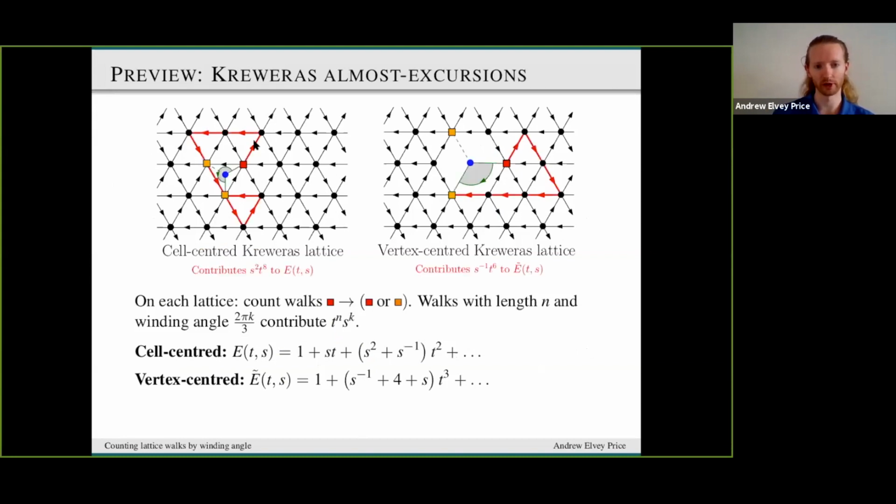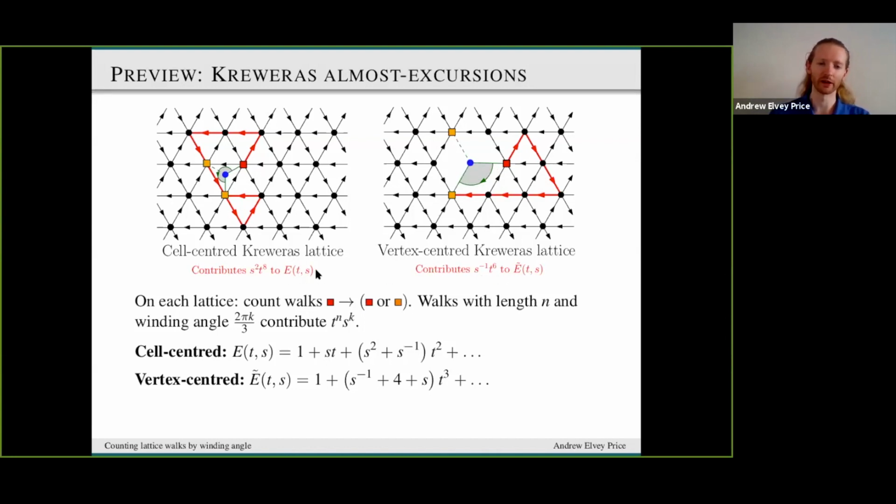On the left, we count these with the generating function E(t,s). The contribution of each walk is t to the power of the length of the walk, times s to the power of the number of places anti-clockwise around the point that the walk winds. So this gets an s squared because it winds 2 places anti-clockwise. On the right, we get an s inverse because this walk winds 1 place clockwise around the blue point.